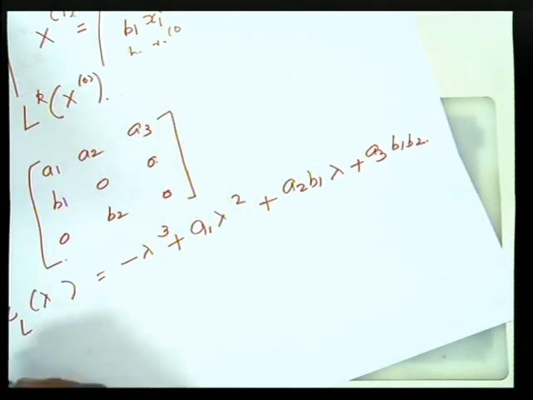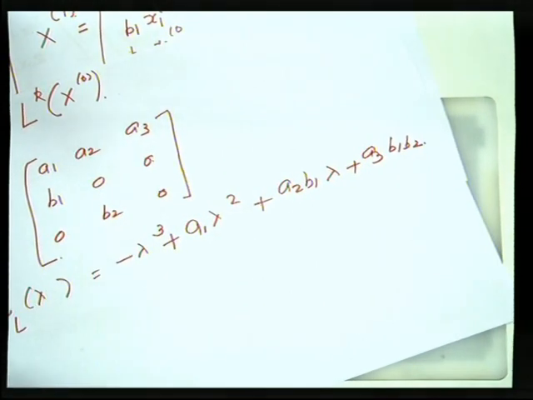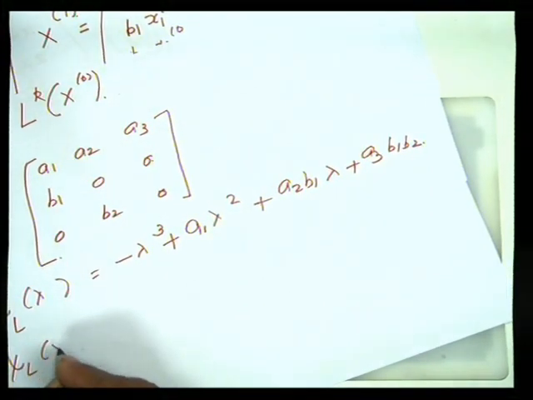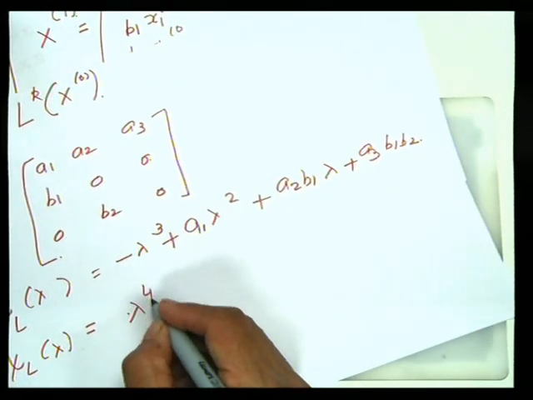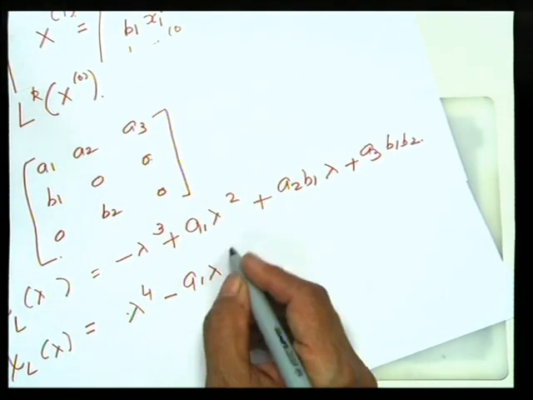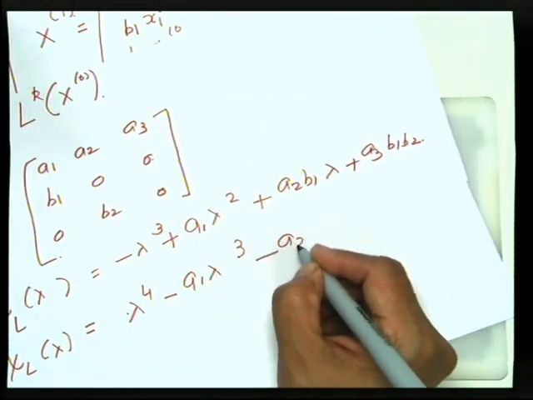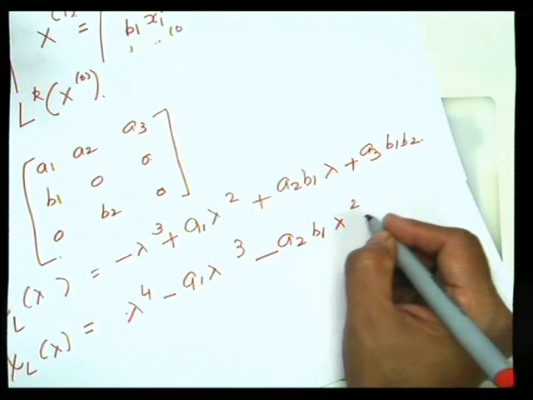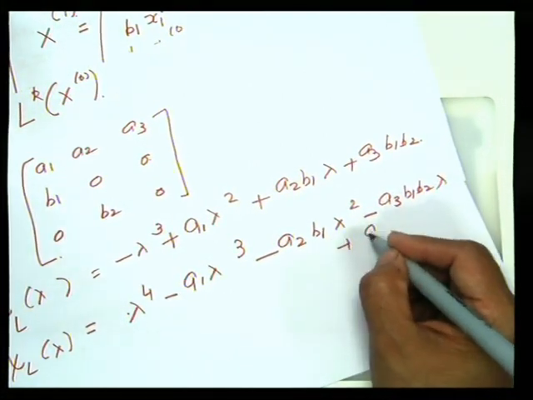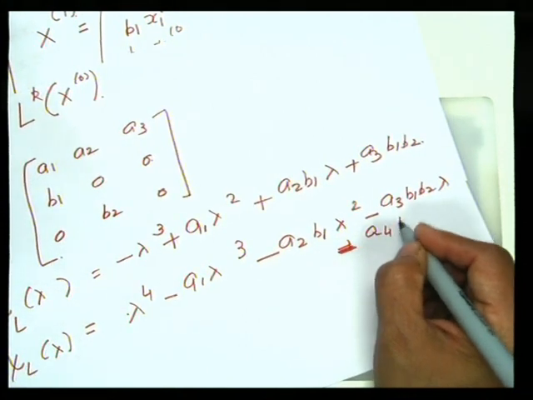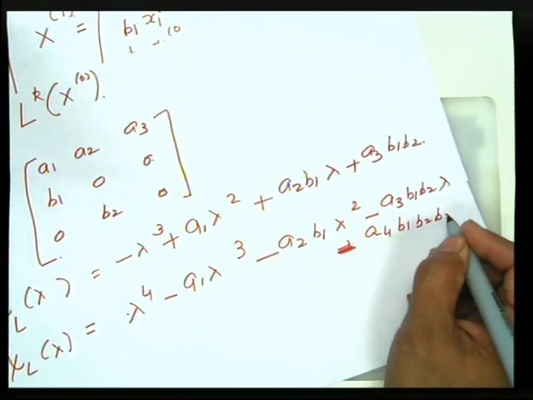If you calculate for a fourth order matrix, your result, chi_L of lambda for a fourth order Leslie matrix, will be lambda to the power 4 minus a1 lambda cubed minus a2 b1 lambda squared minus a3 b1 b2 lambda minus a4 b1 b2 b3.